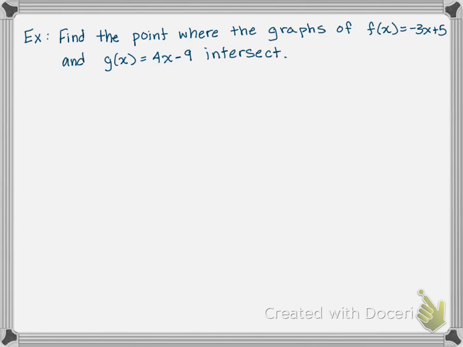And so the graph of f of x equals negative 3x plus 5 is identical to the graph of y equals negative 3x plus 5. And the graph of g of x equals 4x minus 9 is identical to the graph of y equals 4x minus 9.